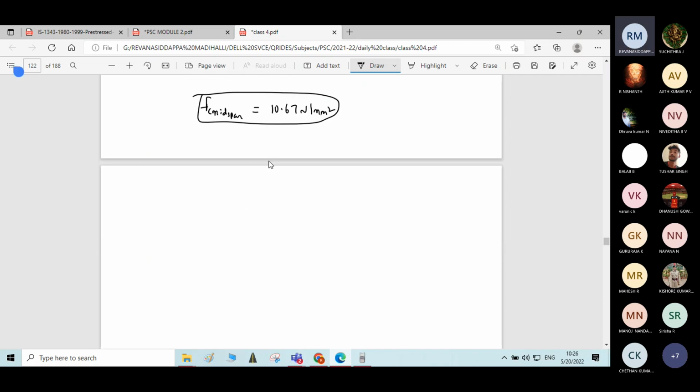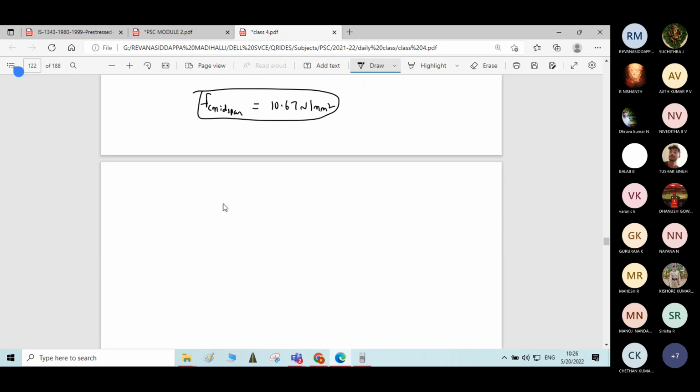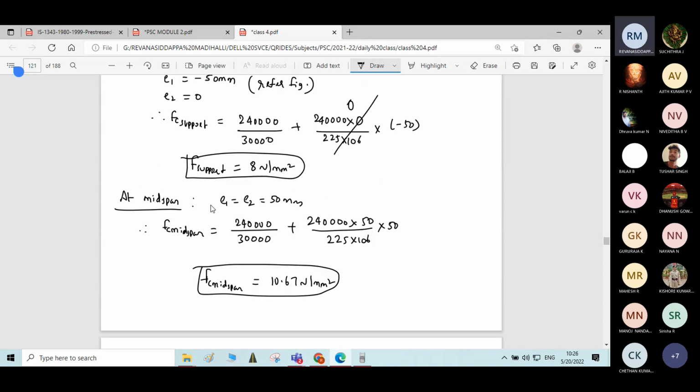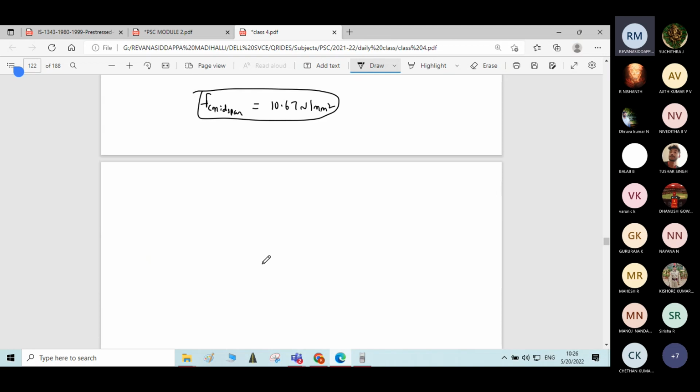Now you can calculate the average FC. At support it is 8 and at midspan it is 10.67.